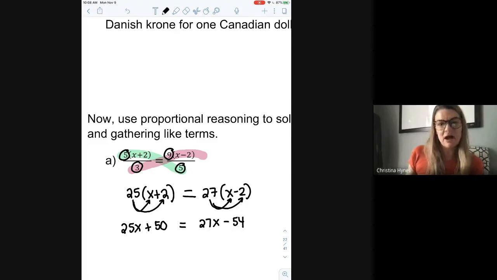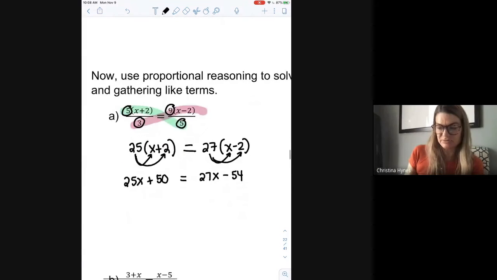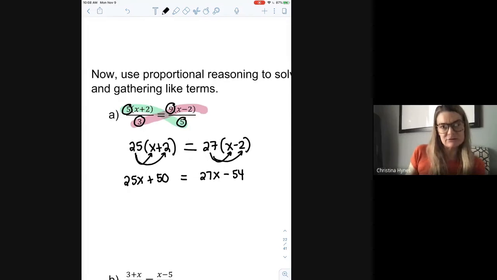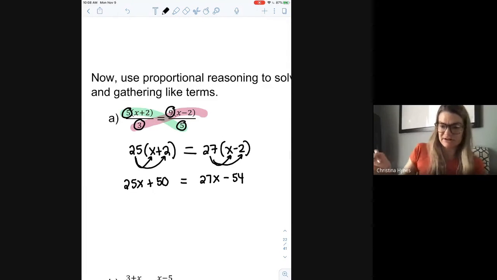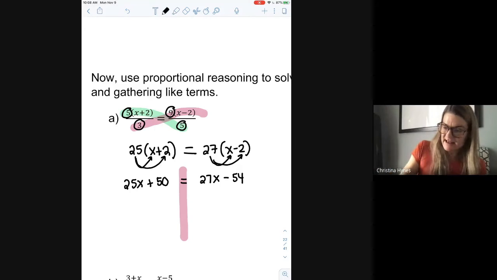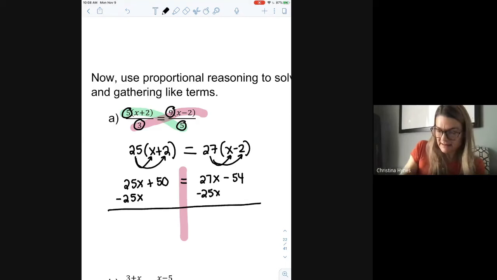Now, this is common to what we did in the last few lessons. Remember how we want to bring the x's on one side together and the numbers on the other side. So this is where I do that line to divide it. I'm going to start by bringing the x's to the right side, so I'm going to subtract 25x on both sides. That's step one.